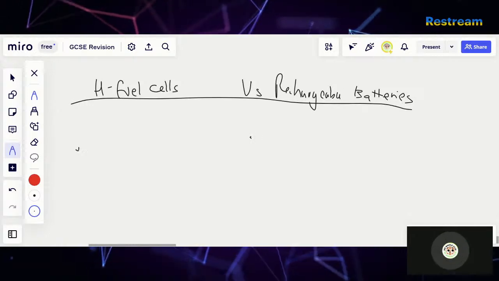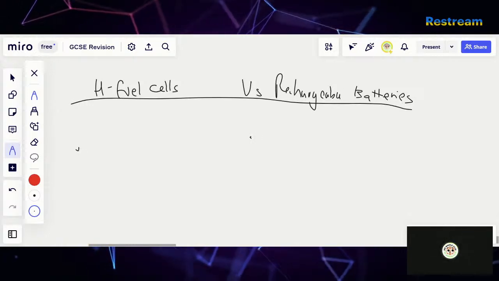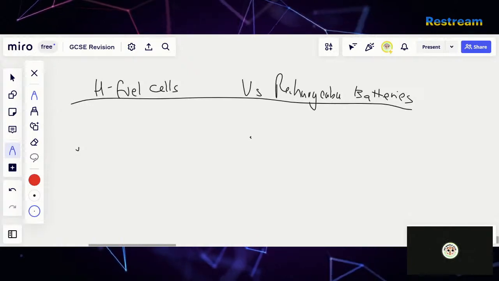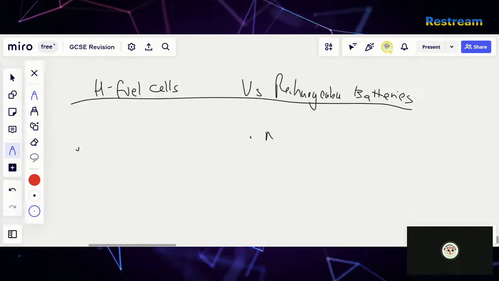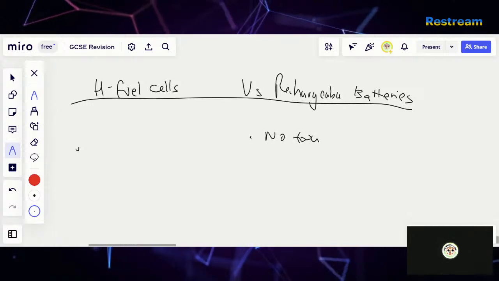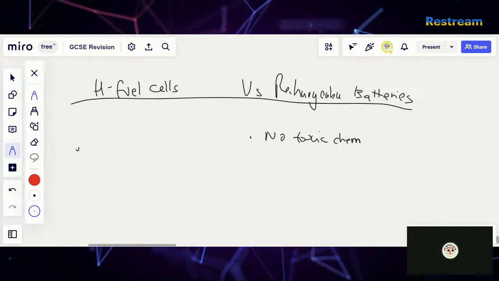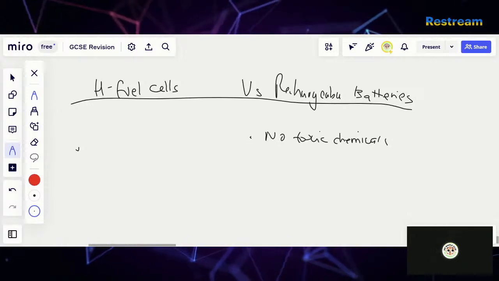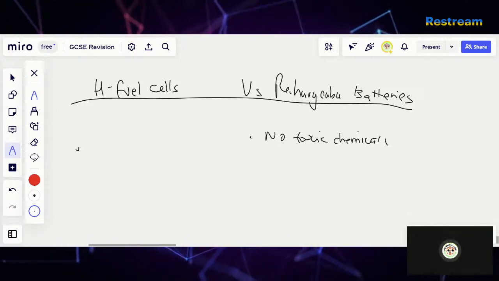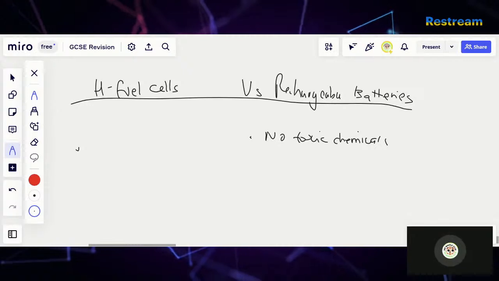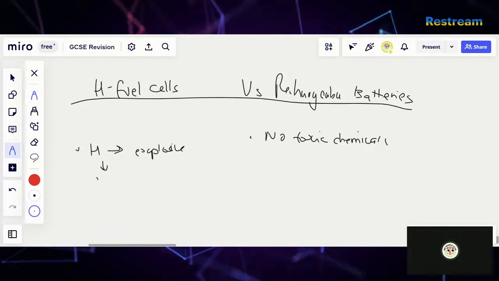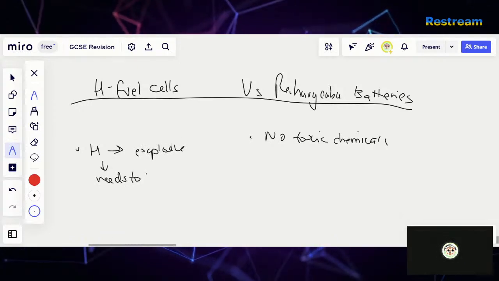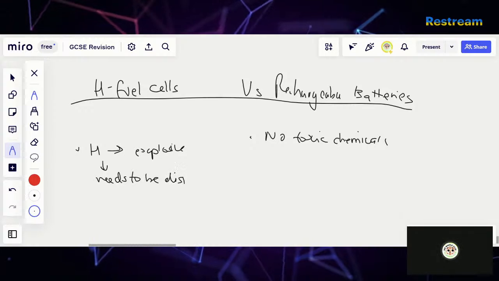So there's no toxic chemicals required in a rechargeable battery. So no toxic chemicals prevalent. On the other hand, in the hydrogen fuel cells, the hydrogen produced is actually explosive. So that's why the excess hydrogen needs to be disposed of. It can't just be released in the air.